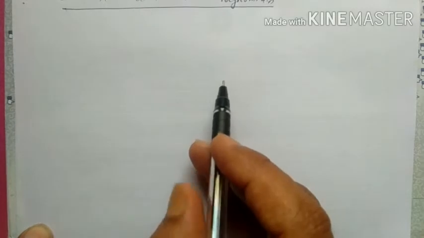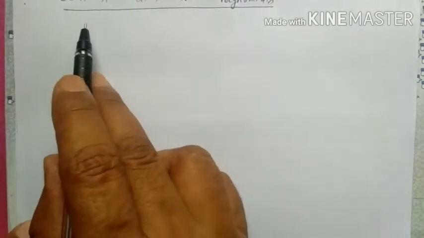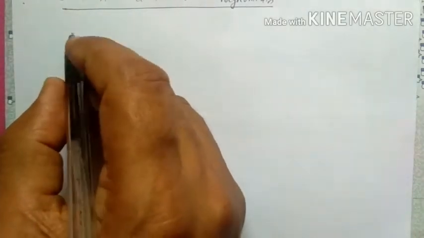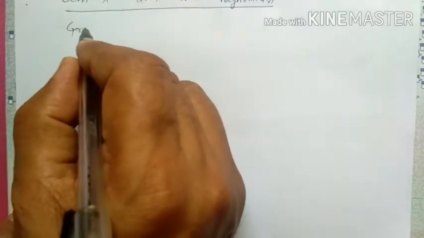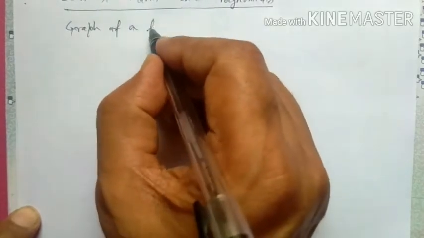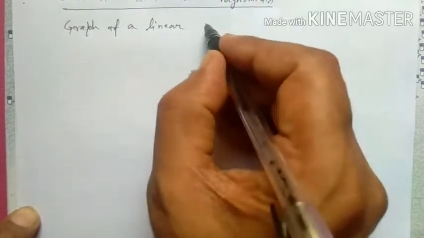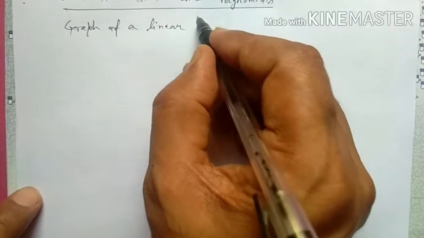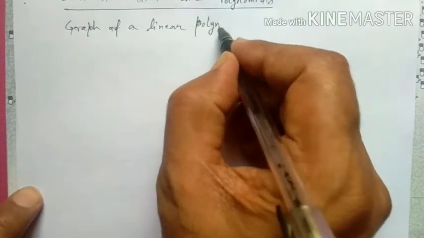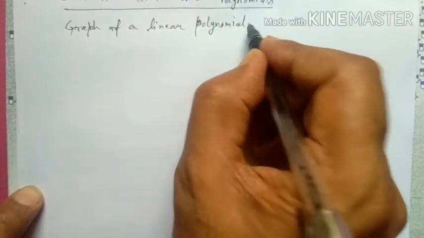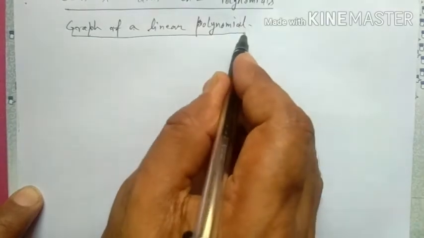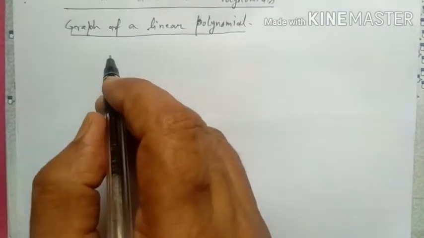Today we will study Polynomials, Chapter 2, Mathematics of Class 10. Today our topic is the graph of a linear polynomial. The graph of a linear polynomial is a straight line.